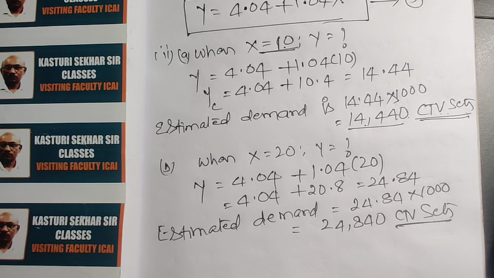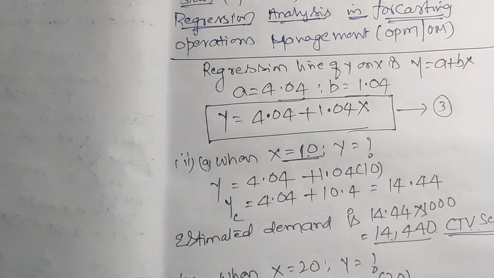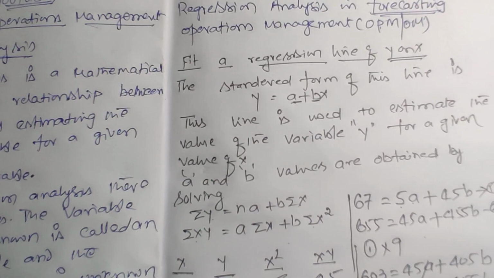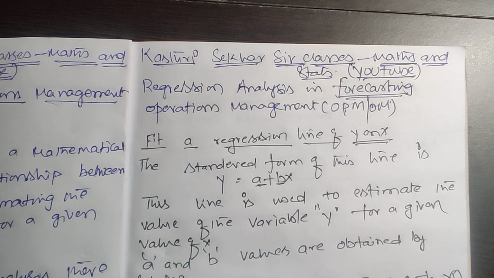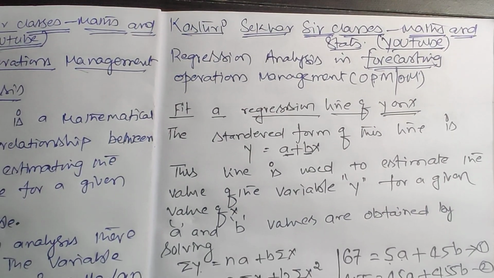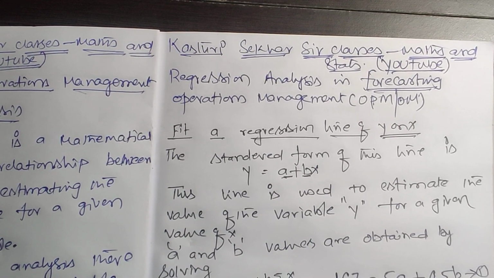This is required for manufacturing the TVs because it must know how many color TV picture tubes and other accessories are required. Is it clear, sir? This way regression analysis is used for estimating the demand for a product in demand forecasting concept.